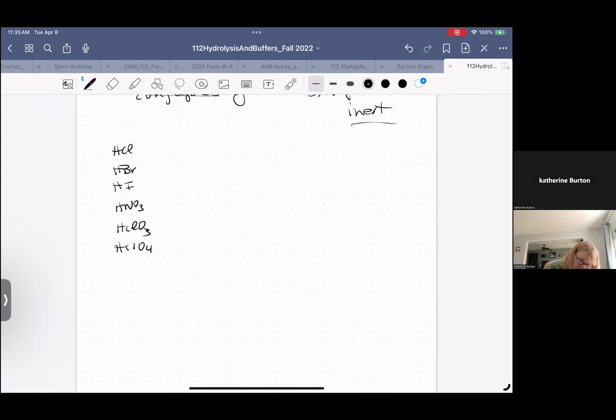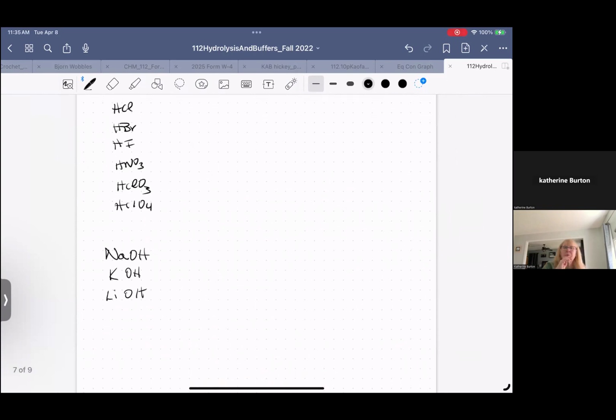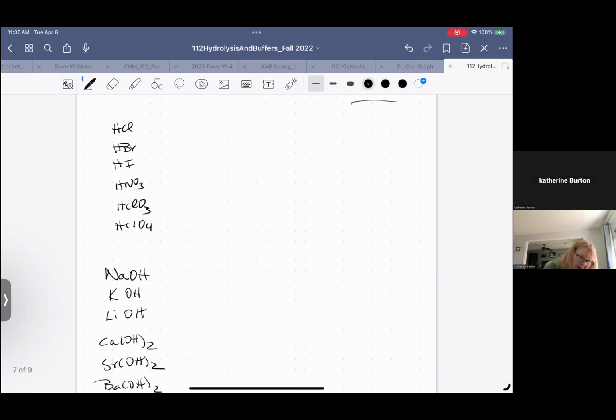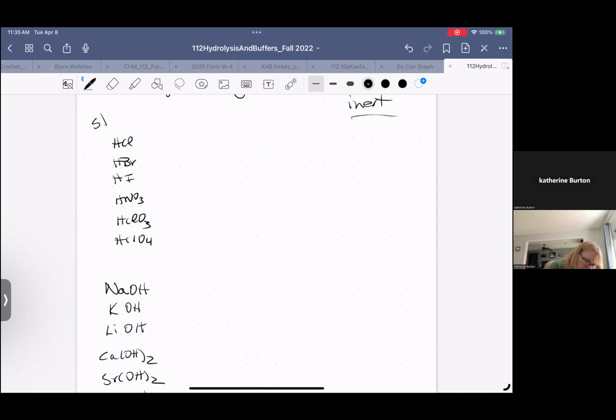Our strong bases would be our group 1 hydroxides, like sodium, potassium, lithium, etc. And then the 3 group 2 hydroxides that are also soluble are calcium, strontium, and barium hydroxide. These are all going to dissociate in water. In the case of the acids, they're going to ionize in water. And the key here is that these are our strongs.